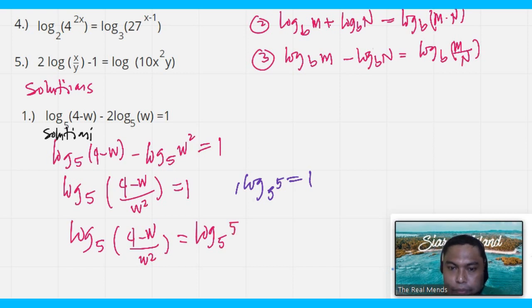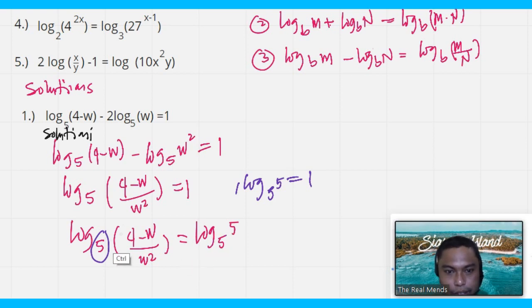There's no conflict in this part because log base 5 of 5 is just equal to 1. So now I have the common base of 5.